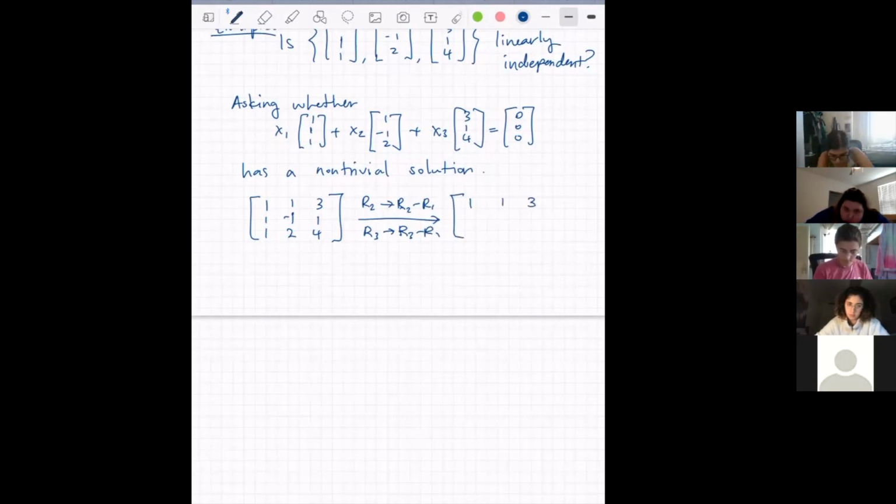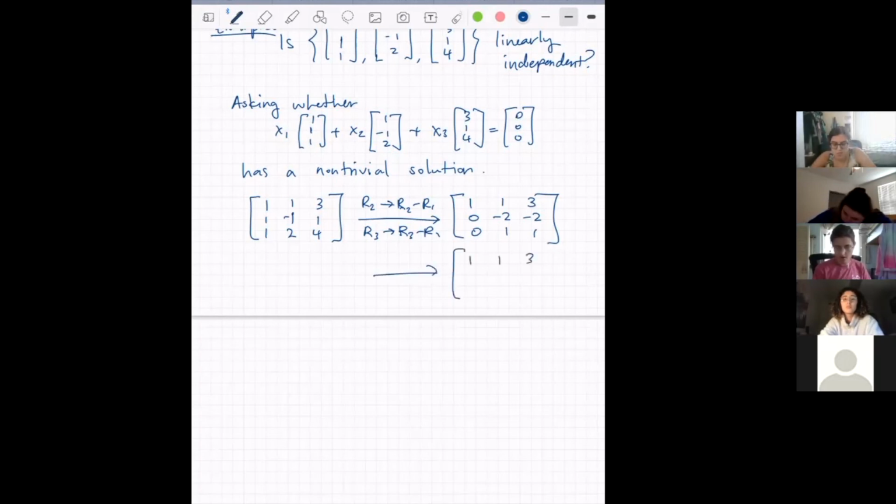So row 1 stays the same. Row 2 becomes 0, -2, -2. And this last one becomes 0, 1, and 1. Right. And then we can see that the third row is a constant multiple of the second row, so it actually will disappear.